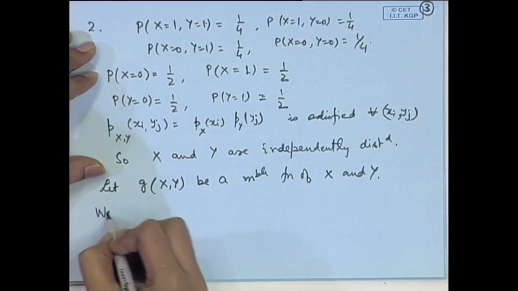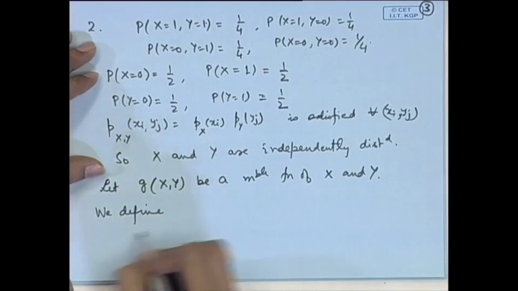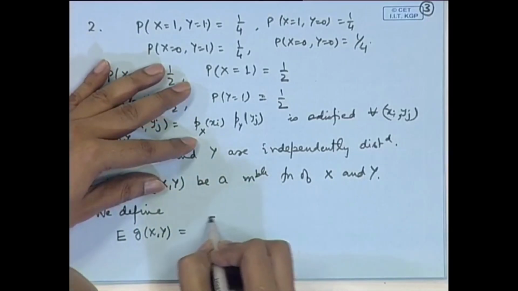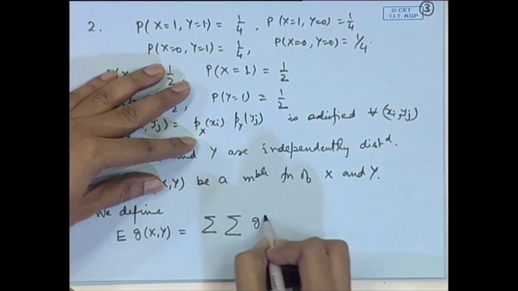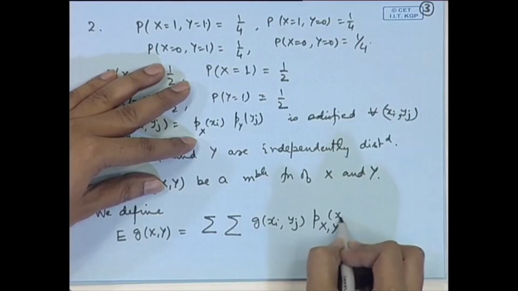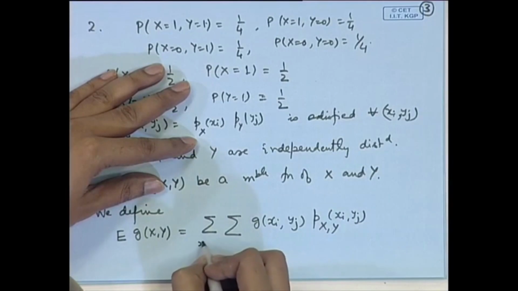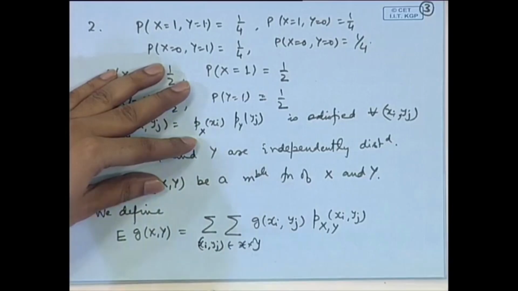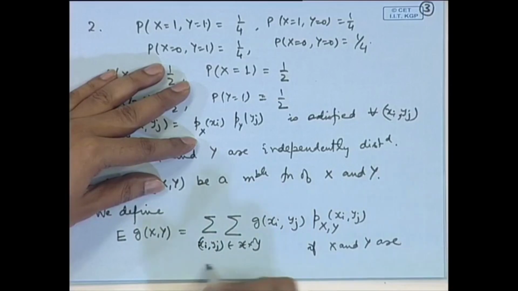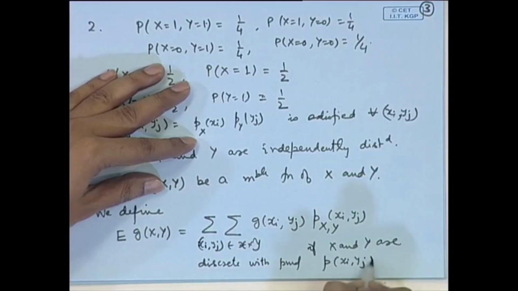So, we define expectation of g(x, y), if x and y are discrete, as the sum of g(x_i, y_j) p_xy(x_i, y_j) for all x_i and y_j in the range of x cross y. This is if x and y are discrete with PMF p_xy(x_i, y_j).